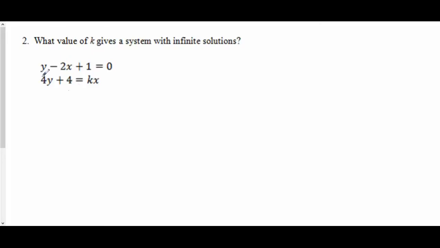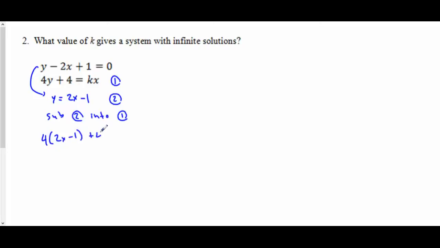I'm going to take this first equation and rearrange it so that I have y equals something. So I'll have y equals 2x minus 1. Let's call this equation 1 and this equation 2, and then sub 2 into 1. Then I would have 4 times 2x minus 1 plus 4 equals kx.